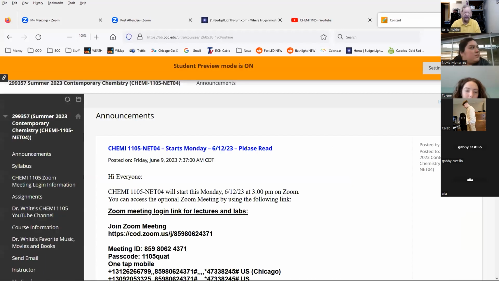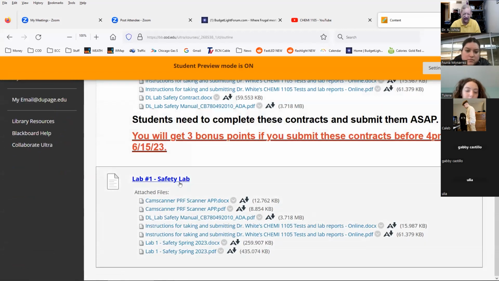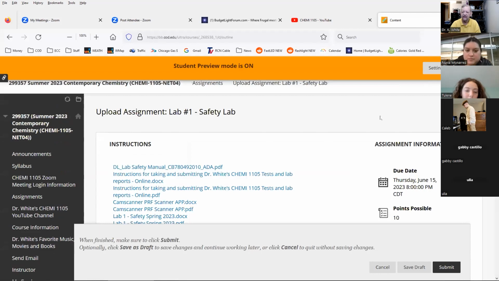All right, I'm in student view. Can you see that on your screen? If you click on assignments, and let's go to safety lab. Let me move the videos out of the way. You see on the right-hand part of your screen where it says due date? And guess what? I got it right. It's by 8 o'clock this Thursday. If it's late, I take off points, so it's in your best interest to get it in on time.